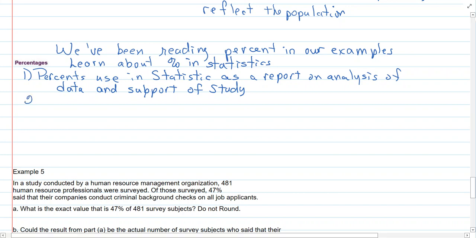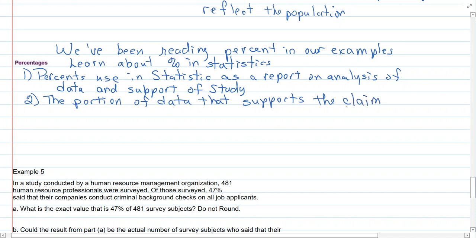We understand the second part about percent is the portion of data that supports a claim. Now, this is a new word, claim, meaning whatever the study was saying. And I'm going to introduce it here because it's important.